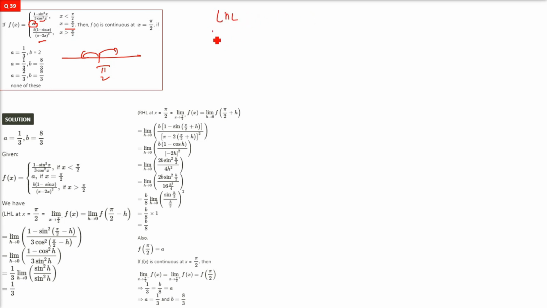So left hand limit for this, pi by 2 minus h, x equals pi by 2 minus h, you are going to put. So 1 minus sine square, in place of x, replace it by pi by 2 minus h. The denominator, just replace it by cos square pi by 2 minus h. So cos 90 minus theta is sine theta, sine 90 minus theta is cos theta. Okay.